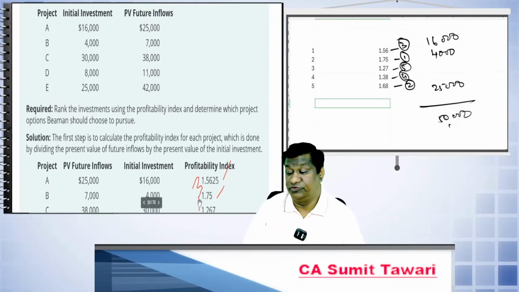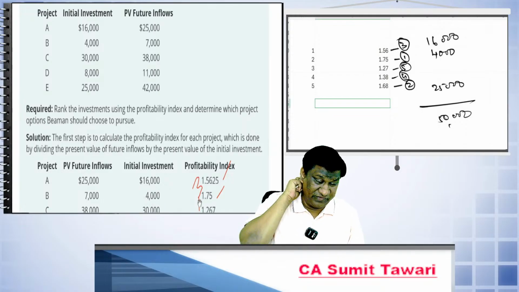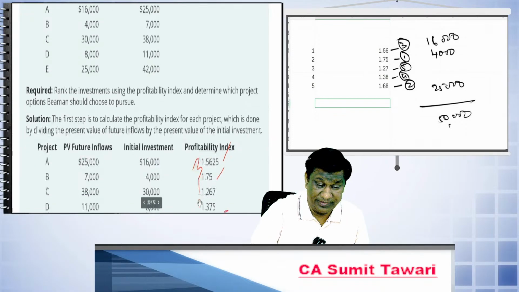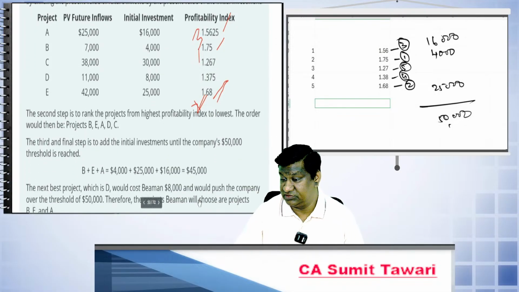Clear? So this way we can evaluate where I need to invest first. And this profitability index we mostly use where similar investments are giving you different discounted cash flows. At that time we need to evaluate this. So here we need to invest 45,000 only.